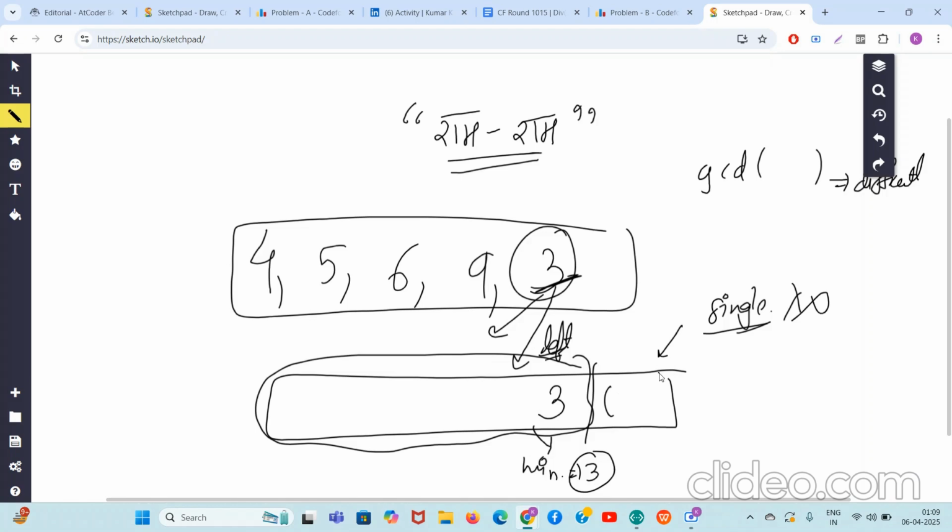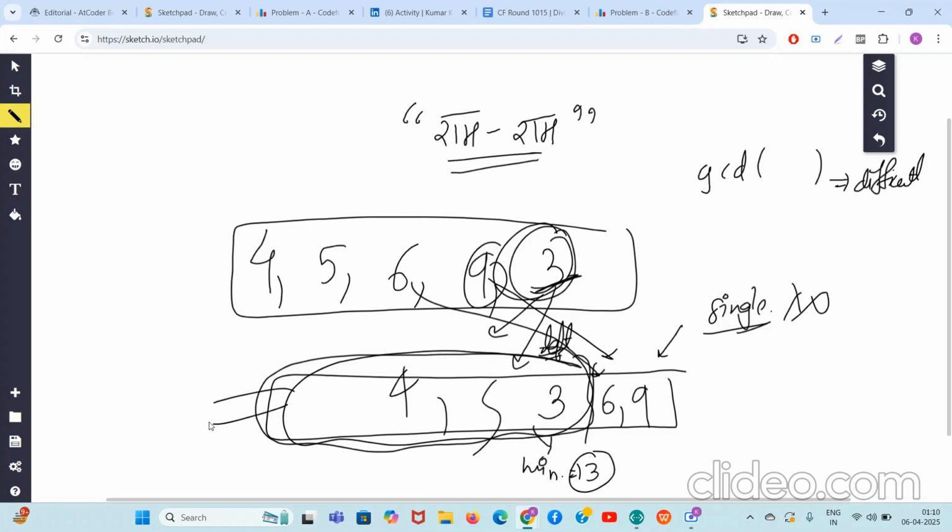So now you will only put two numbers in the end. See, here you will put 6 and here you will put 9, and the rest of all the numbers here, the minimum number also here. So you know the minimum of this part is 3, and you know that the GCD of 6 and 9 is also 3.